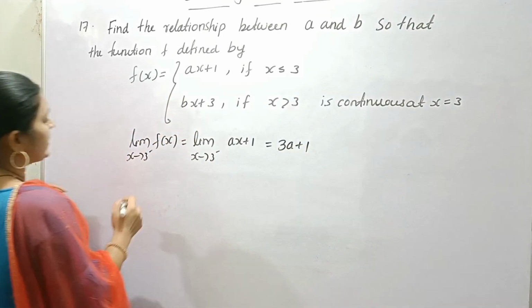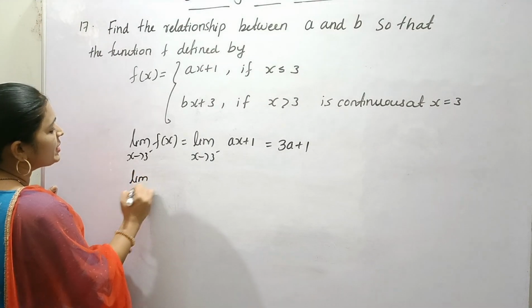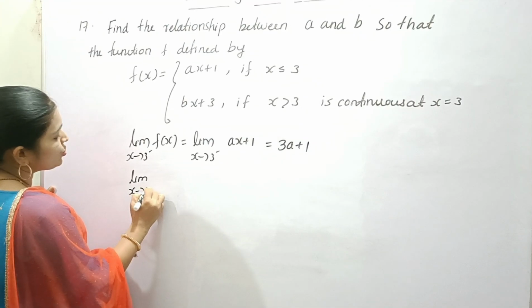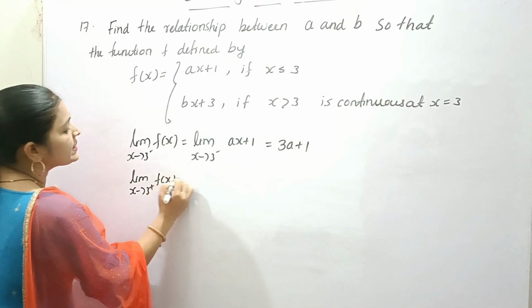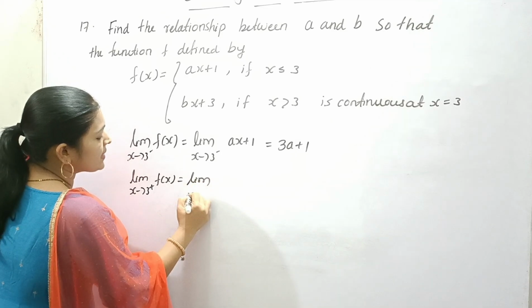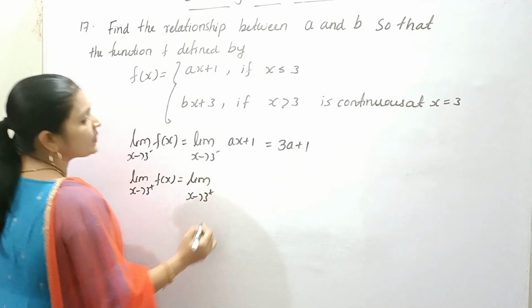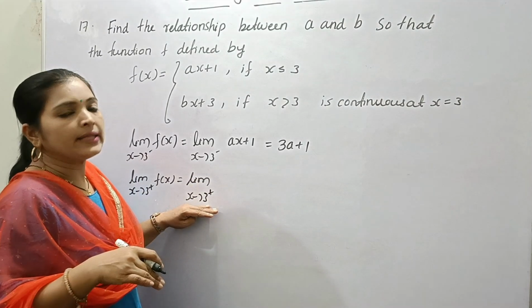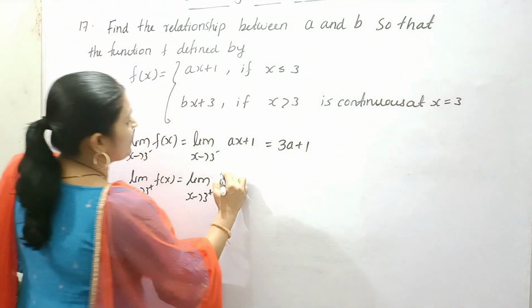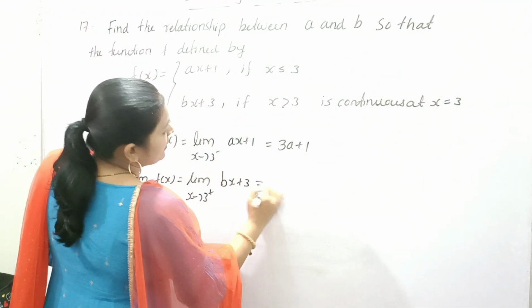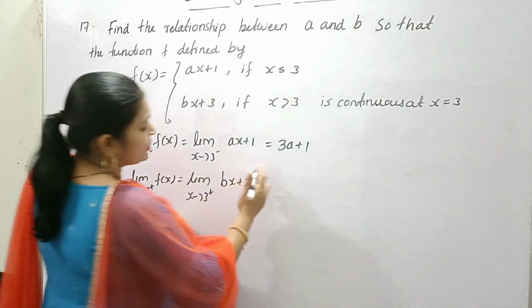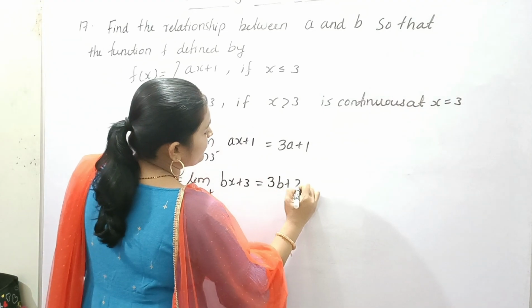Okay, next let's find the right hand limit. Limit x tends to 3 plus f of x is equal to limit x tends to 3 plus, where for x greater than 3 the function is bx plus 3. Here also substitute x equal to 3: 3b plus 3.